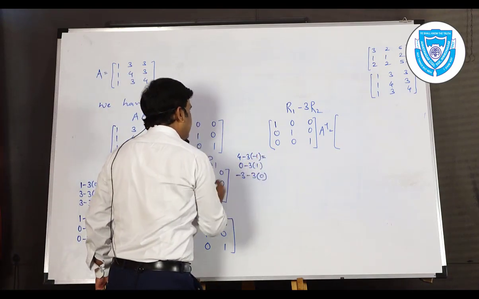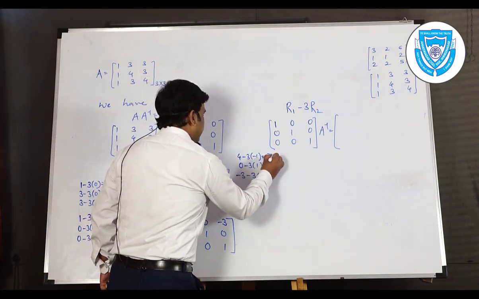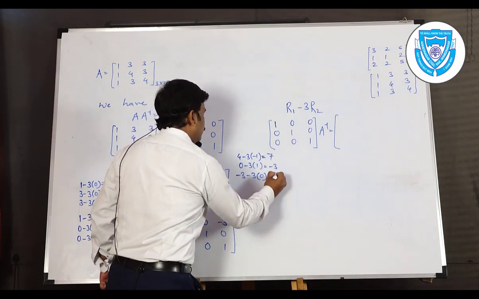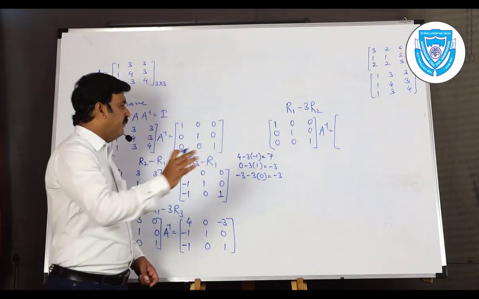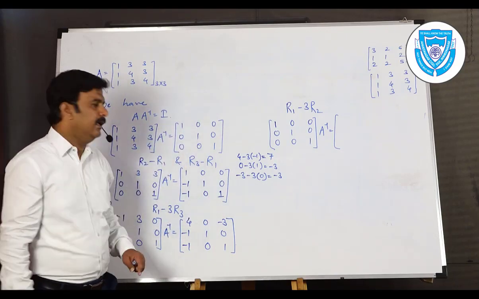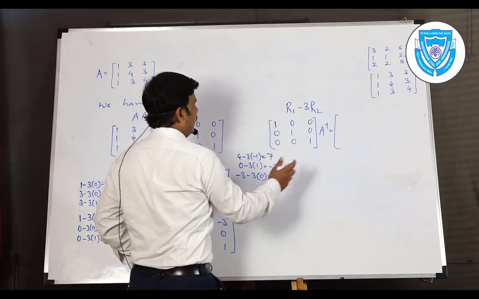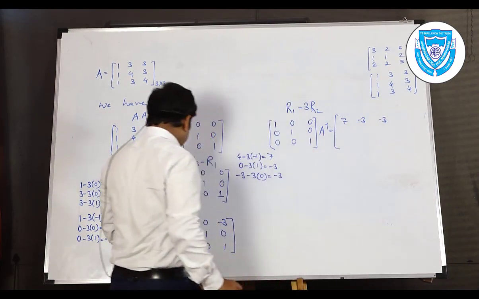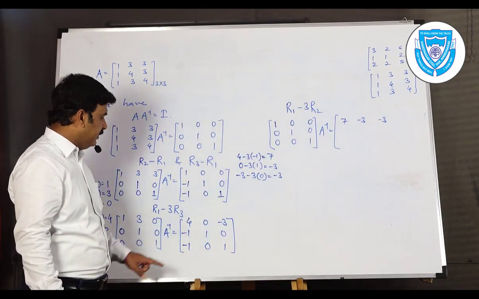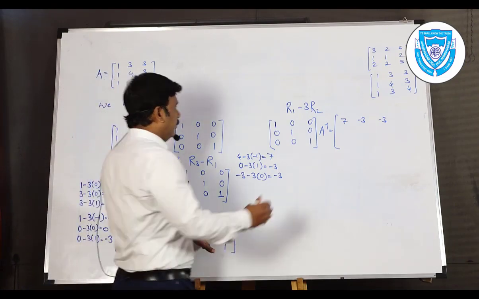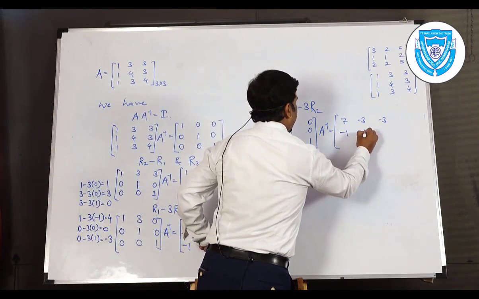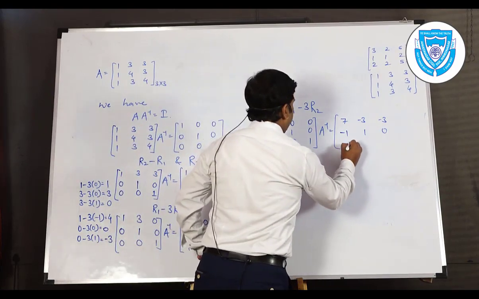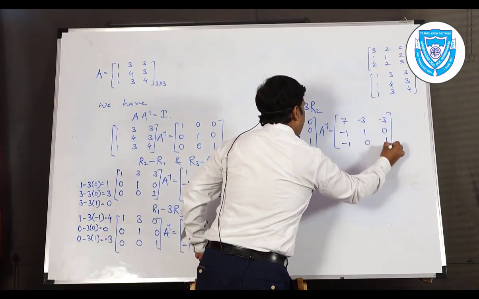We get 4 plus 3, that is 7, minus 3, and minus 3. The new first row at the right hand side is 7, minus 3, minus 3. Obviously, the second and third rows will remain as they are. Minus 1, 1, 0. Minus 1, 0, 1.